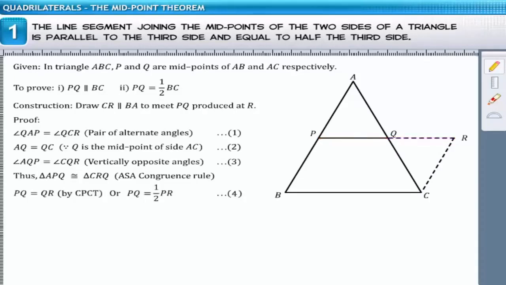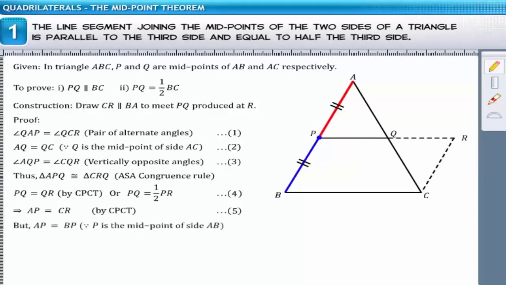Also, AP is equal to CR, but AP is equal to BP since P is the midpoint of the side AB. This implies BP is equal to CR. Also by construction, BP is parallel to CR.